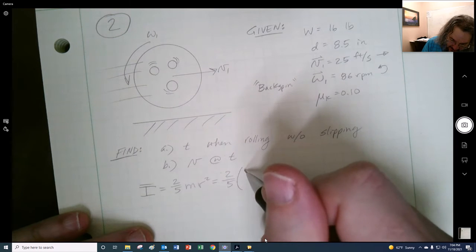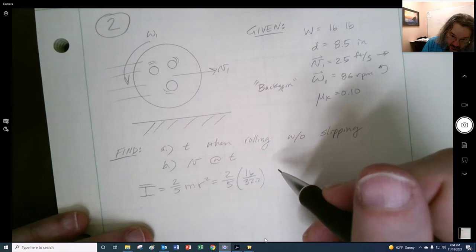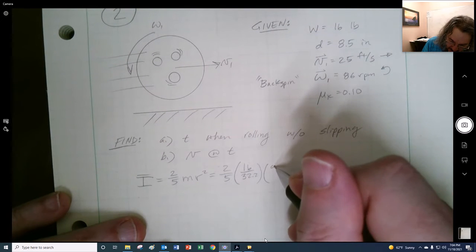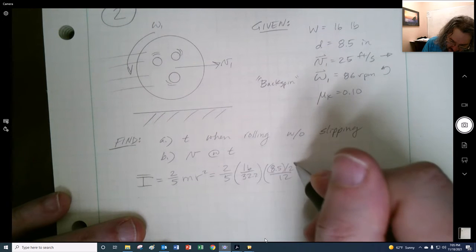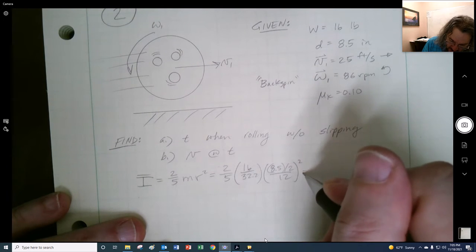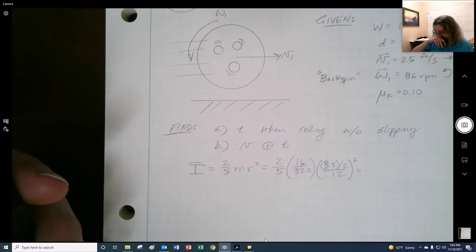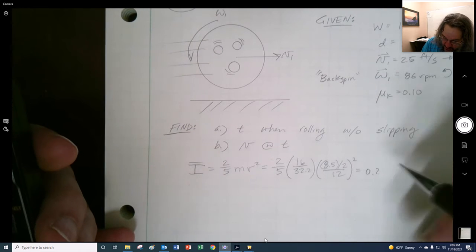The mass is 16 divided by 32.2, turn it into slugs. And then the radius, we're going to get 8.5 divided by 2, but it needs to be in feet. So square it. And what are we going to end up with? 0.02.